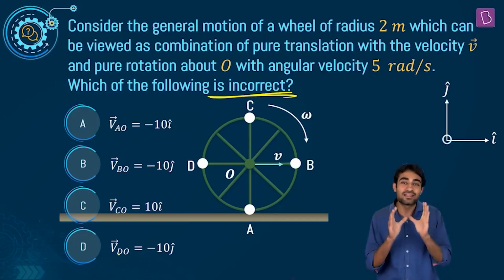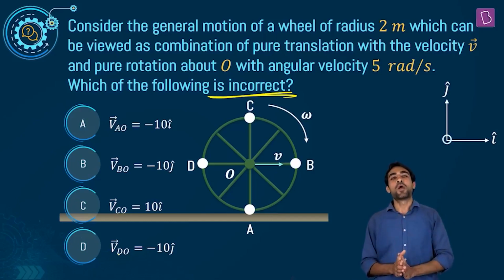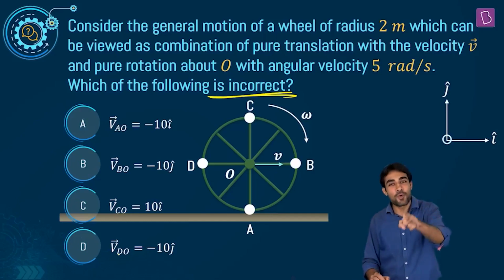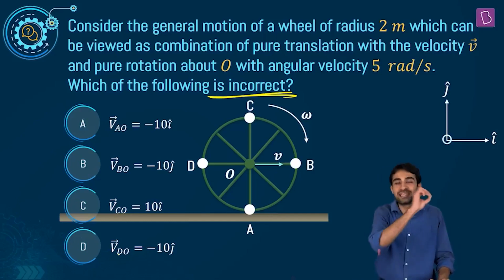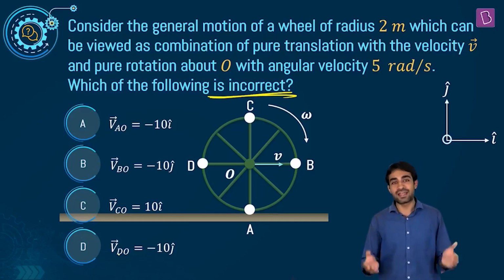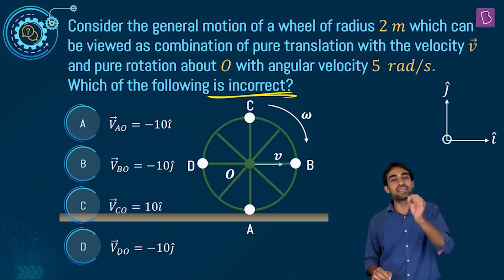Now, if you go and sit at point O, what can you imagine you will see? Can you imagine that? Yes, we can. Actually, when we are sitting at O, in the reference frame of the center of the wheel, we will see only pure rotation of the wheel around us. See, you have seen the axle of a car.